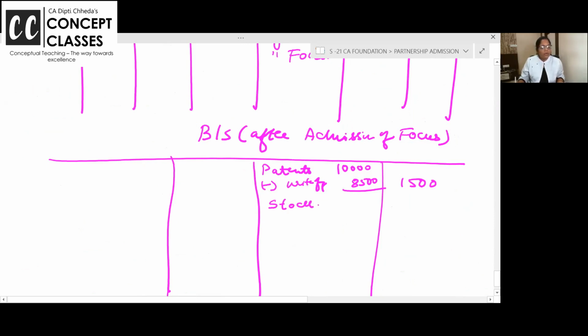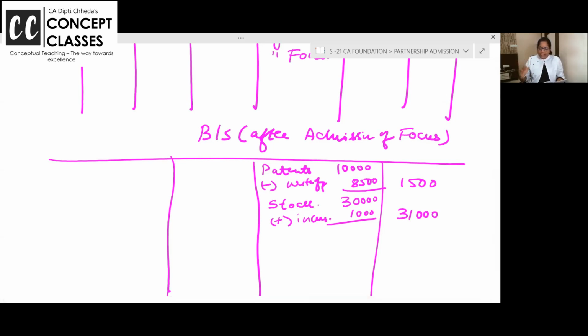Stock 30,000 plus 1,000, 31,000. Please give the effect immediately in the balance sheet also. Increase. You are increasing. All debtors are good.